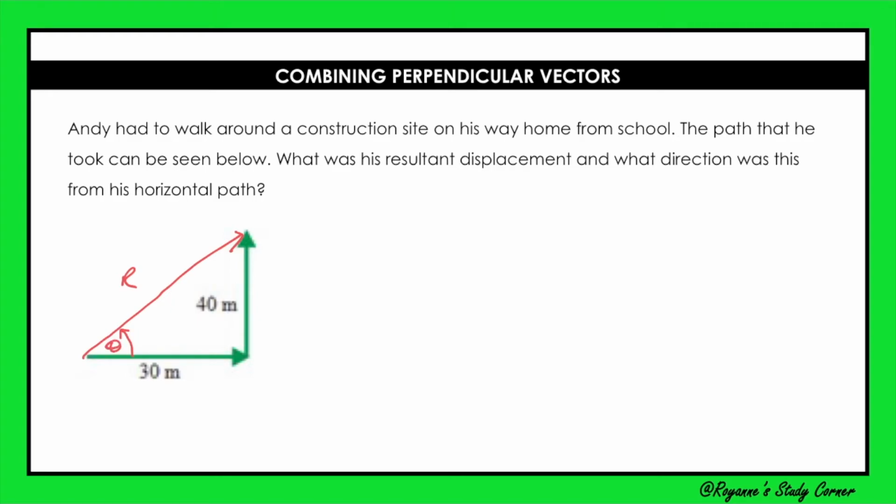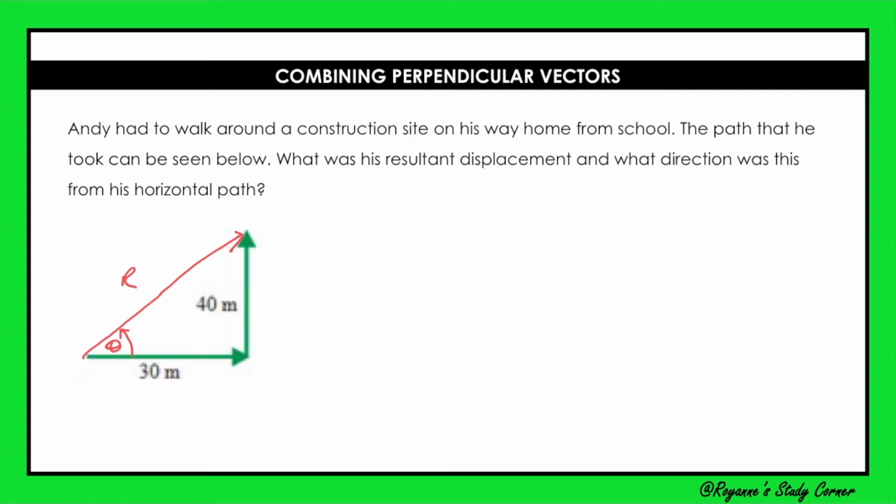So this is where Pythagoras' theorem and trig is coming in. So we have the length of two sides. We need to find the resultant, which in this case is the hypotenuse, and they also want us to find that angle. So let's use some of the Pythagoras' theorem skills and trig skills that we just reinforced before we watched this video.